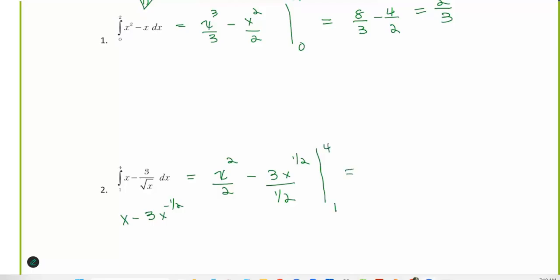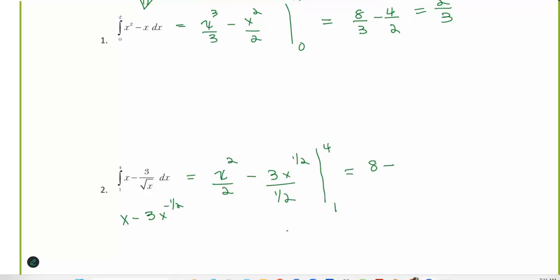So what do I have? 4 squared is 16, and 16 divided by 2 is 8, minus the square root of 4 is 2. 3 times 2 is 6, and 6 divided by 1/2 is what I want to do.